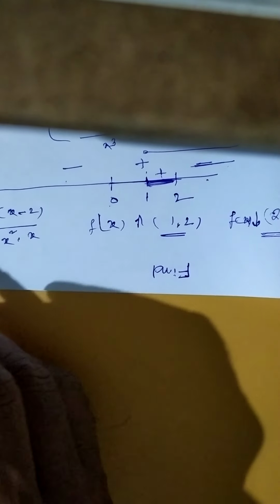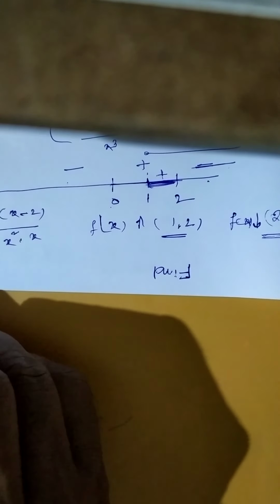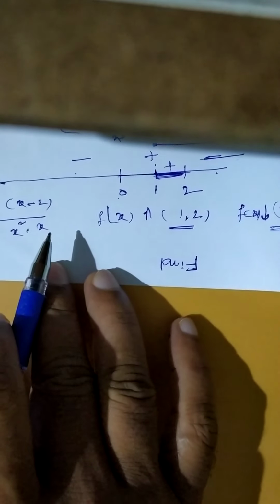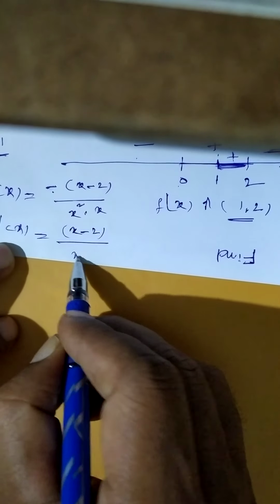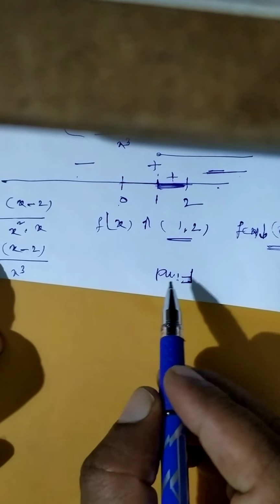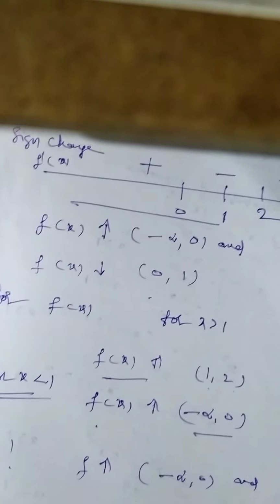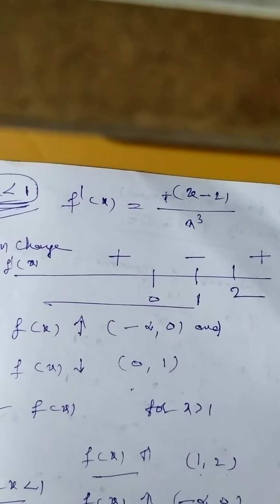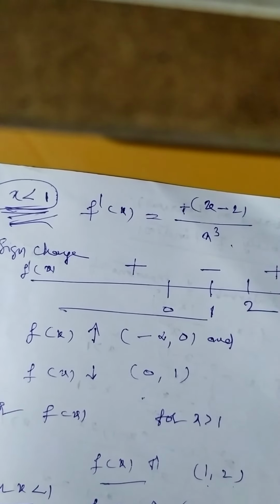Whereas for the case x less than 1, f dash of x is equal to x minus 2 by x cube.